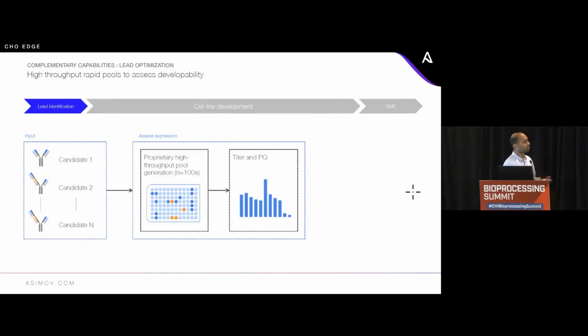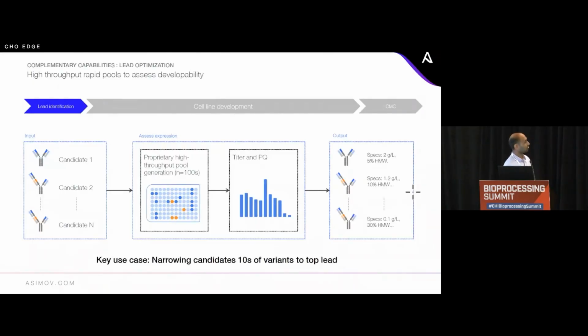And so in a 48-well plate, we can generate these stable pools, do multiple plates, and get a titer and PQ readout, where then you can rank order your list in terms of titer, but probably more importantly, the key product quality attributes, whether it's a high molecular weight species, whether it be the percent of the proper heterodimer, et cetera, et cetera. So we think these tools in the lead identification regime are very complementary to our cell line development workflows.